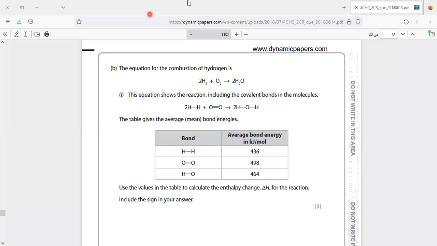Your answer is correct, but the examiner will give you only 1 mark, 1 out of 3. Energy in 1 mark, energy out 1 mark, and the final delta H 1 mark.